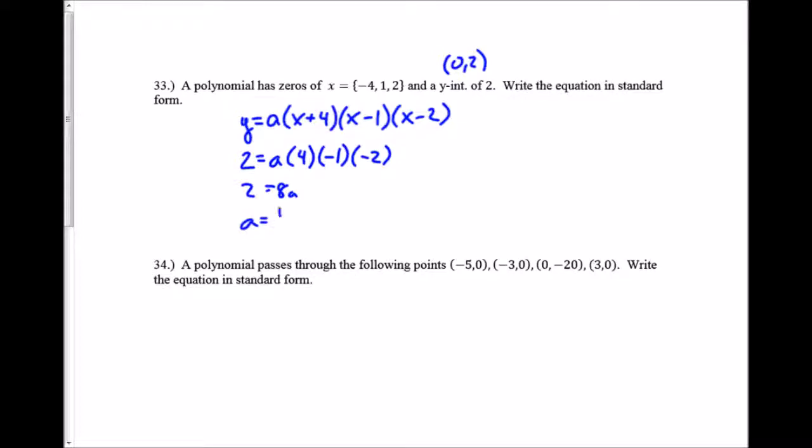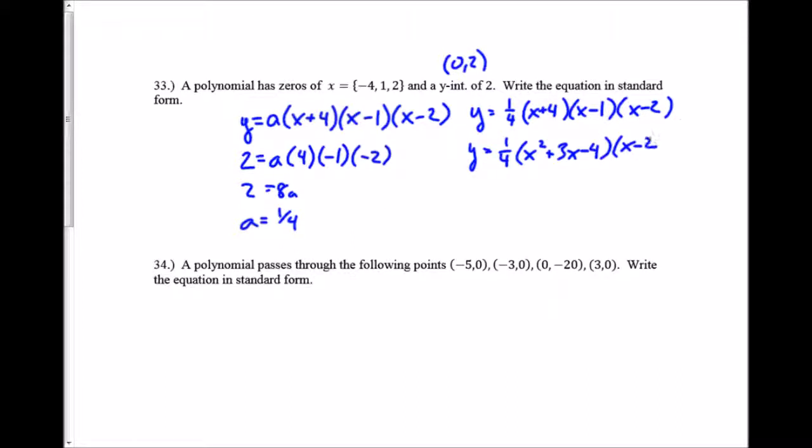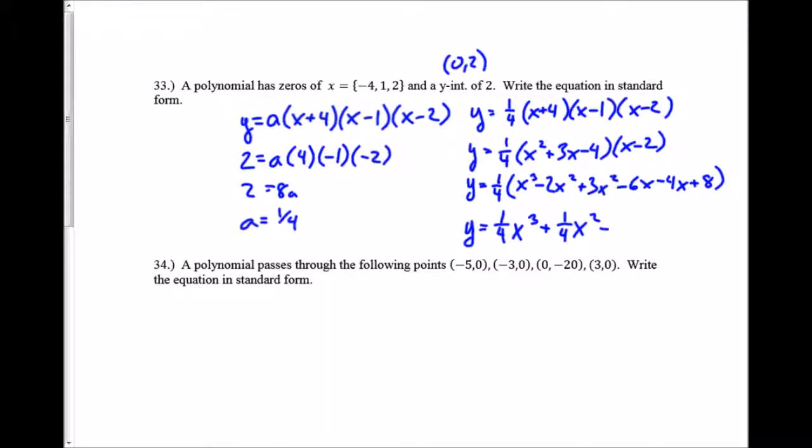So I find out that a equals 1/4, which means that if I want this in standard form, I've got y equals 1/4 (x plus 4)... And now to put it in standard form, I just have to multiply this thing out. And that's it.